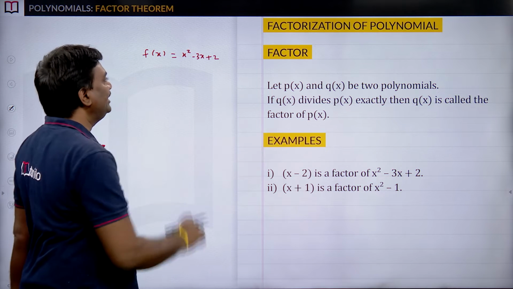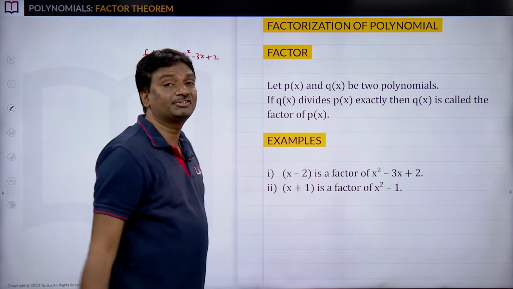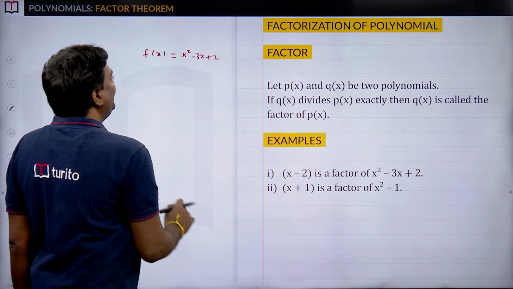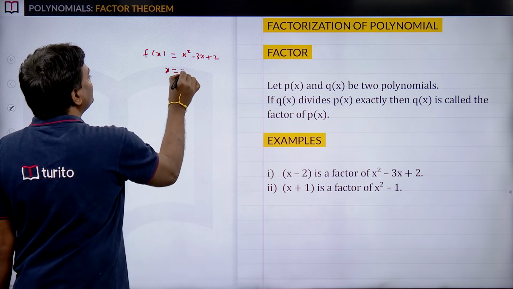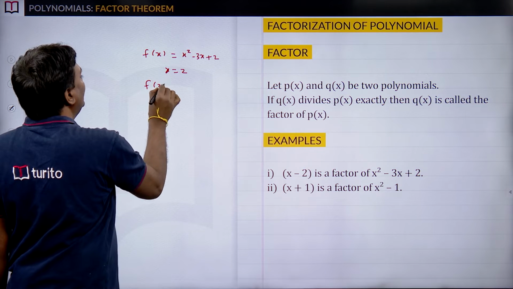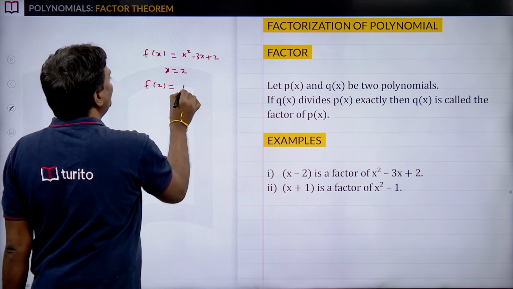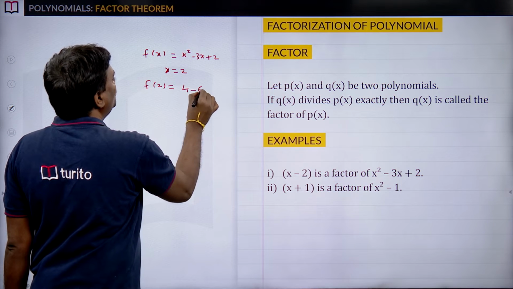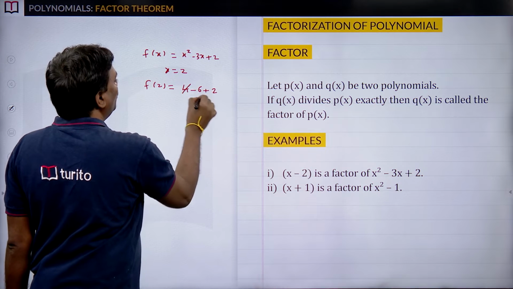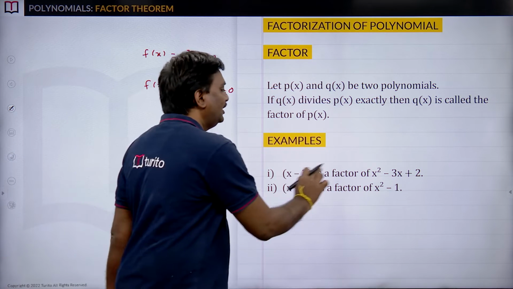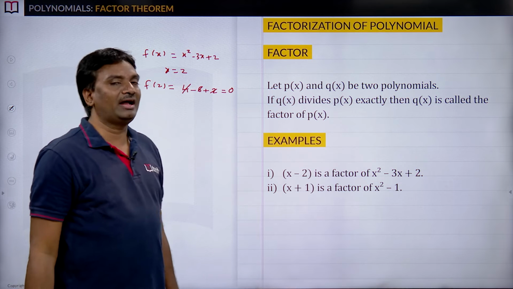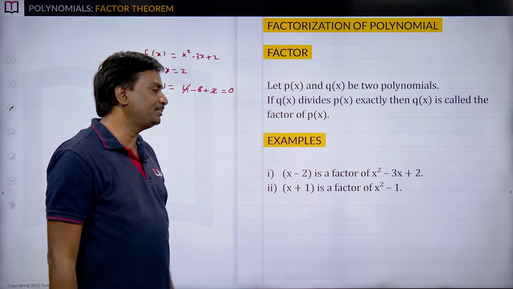So, we are dividing x square minus 3x plus 2 by x minus 2. X minus 2 means if we take x minus 2 equal 0, x equal to 2, then f of 2 equal to 2 square 4 minus 3 2 6 plus 2, where 4 plus 2 6 minus 6 get cancelled 0. That is why we can say x minus 2 is a factor of x square minus 3x plus 2.